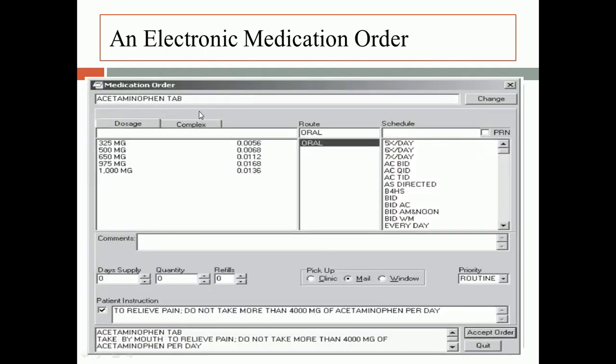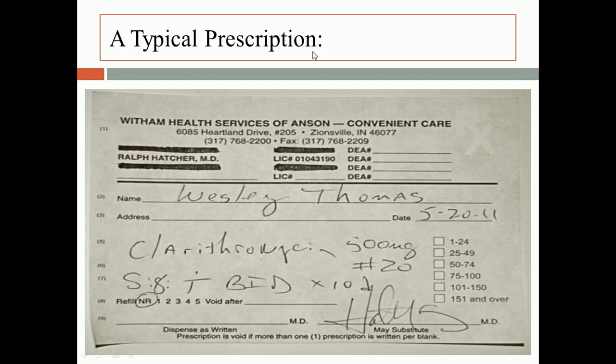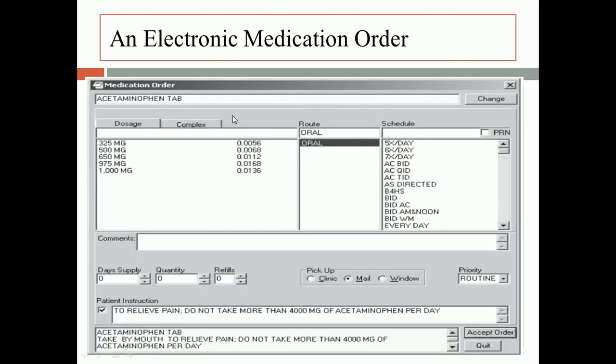So that's an electronic medication order. Then we see the components of a prescription. What are the different parts? If we break down this prescription into different components, what are those components? Number one, prescriber information. Here it is.